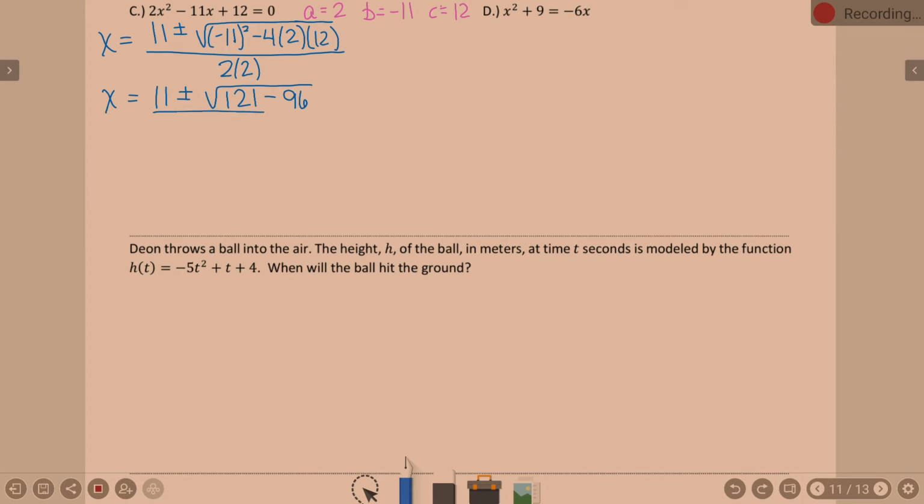All over 4. What is 121 minus 96? 25? Oh, I like that. All over 4. Why do I like 25? Perfect square. Square root of 25 is 5. So 11 plus or minus 5 all over 4.